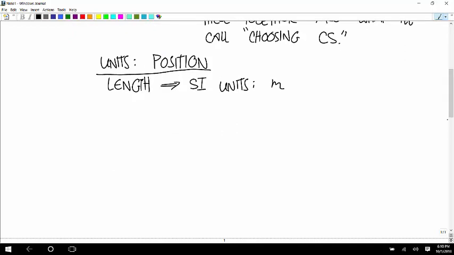And then just like we did in 1D, we can use the idea of position to define the velocity vector. So the velocity measures how quickly the position is changing.